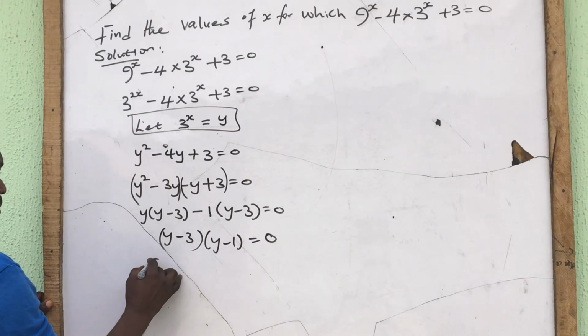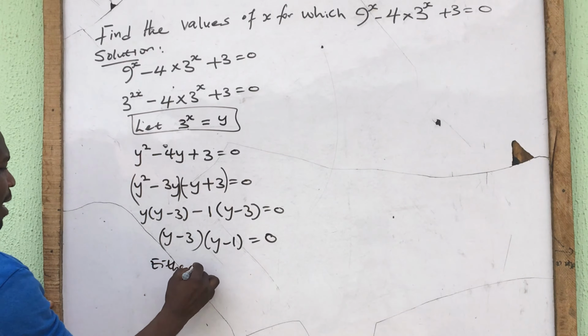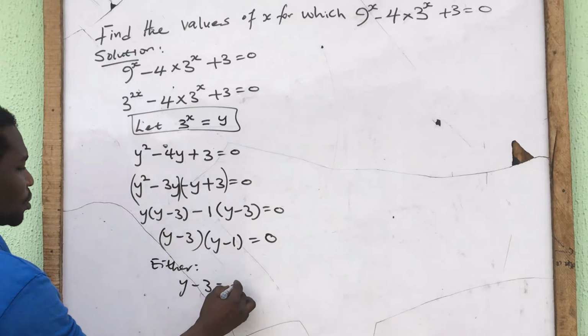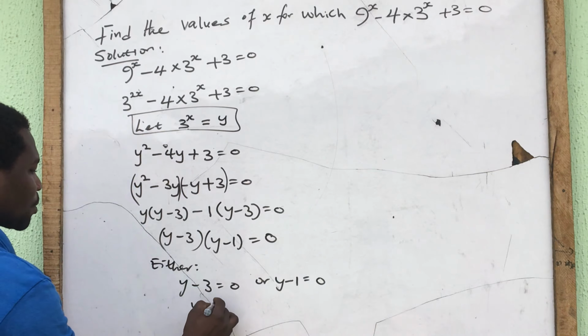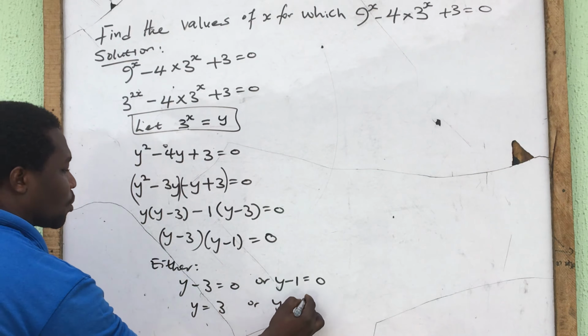So from there now, either y minus 3 equals 0 or y minus 1 equals 0. From that, y equals 3 or y equals 1.